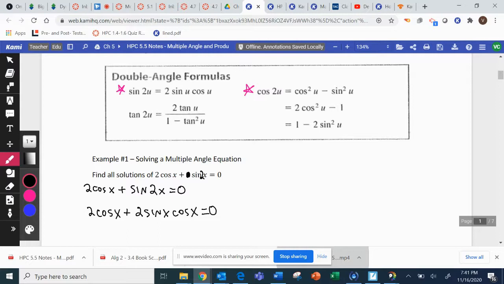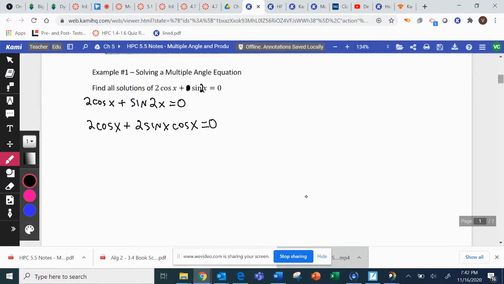And now we're going to solve this equation, which we can solve by factoring. I'm going to factor out the cosine x. Oop, I lied. I'm going to factor out 2 cosine x. And I will have 1 plus sine x left over.